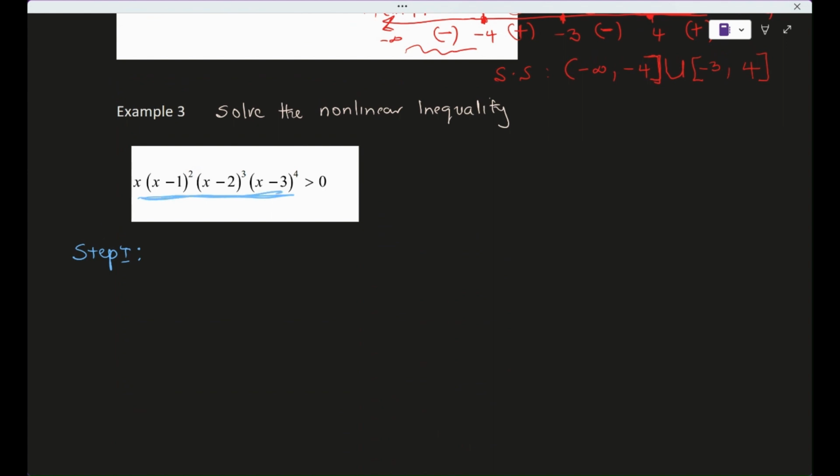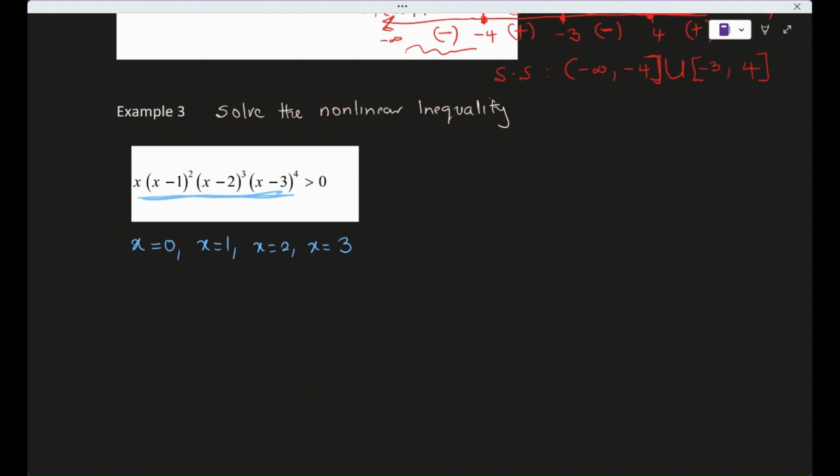So what is just left is what? It's just from step 4, I think. No, step 3. And that is we take the zeros of this polynomial. So x is equals to 0, x is equals to 1, x is equals to 2, and x is equals to what? 3. So these are the zeros.